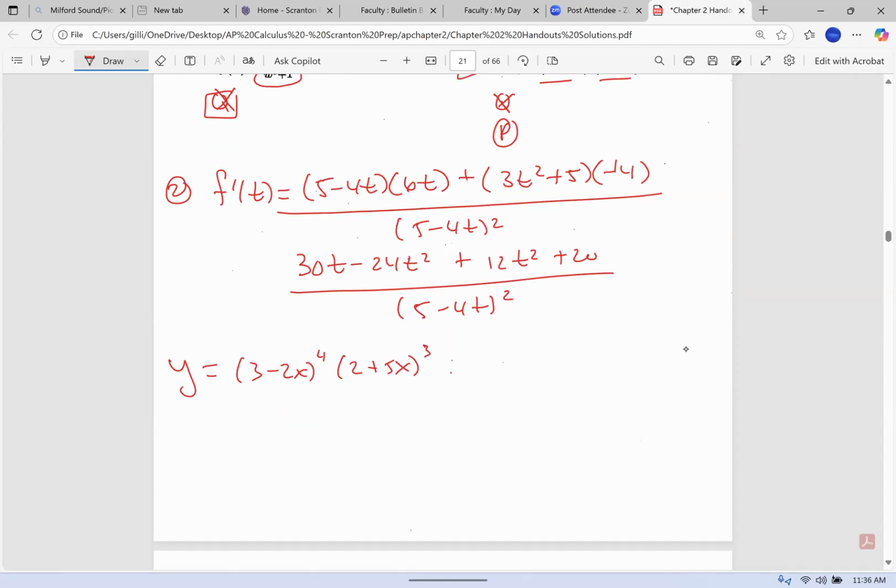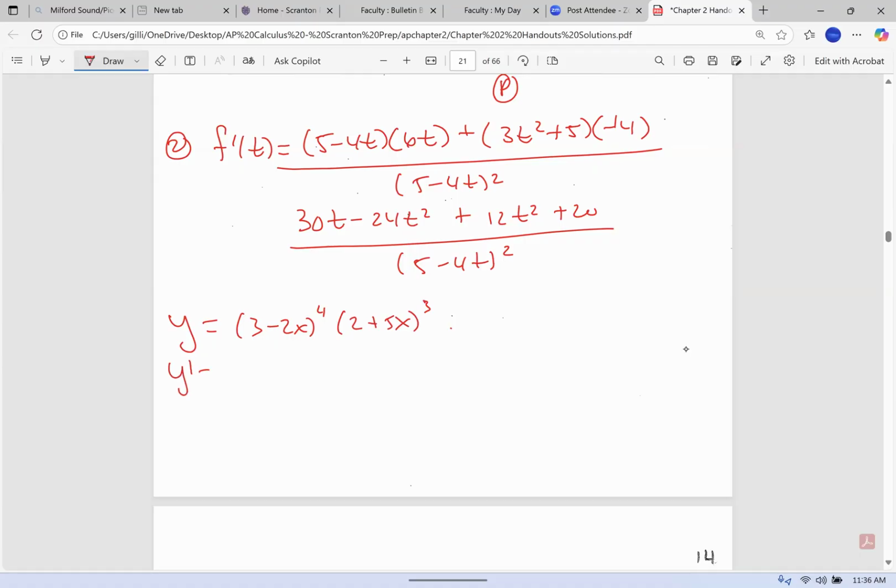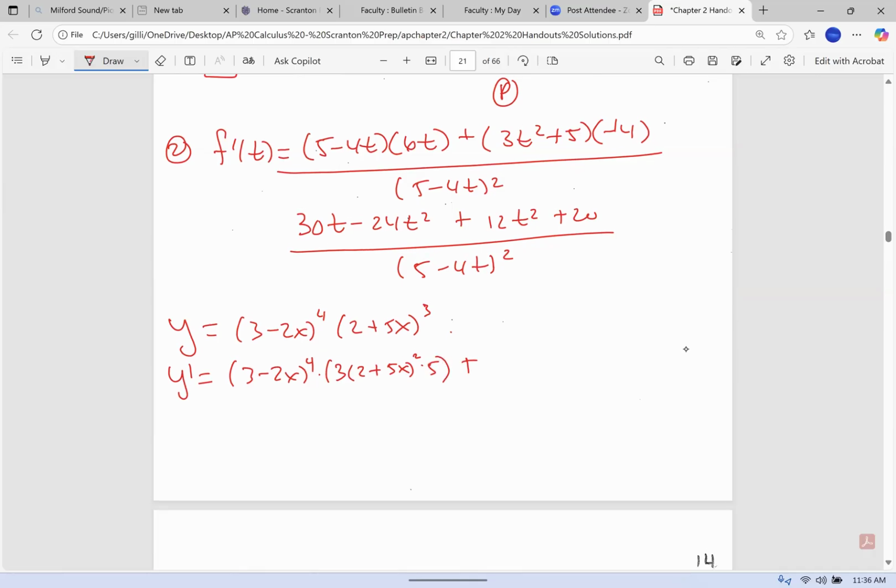Okay, so this is a product rule. So it's going to be the first, which is this, times the derivative of the second, which is drop down the power, repeat the inside, decrease it by 1, and times it by the derivative of the inside. Plus the second times the derivative of the first, which is 4, times 3 minus 2x cubed times -2.